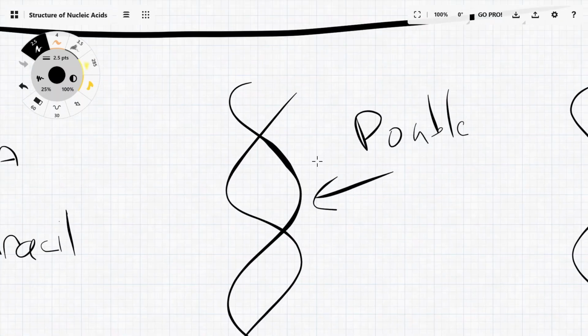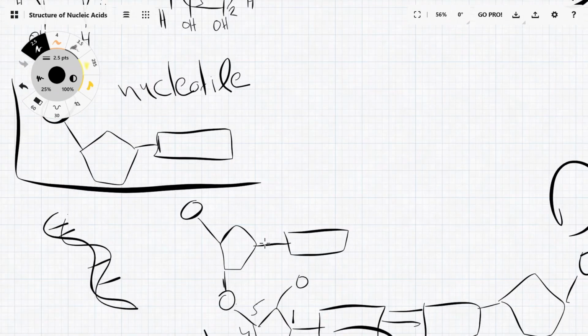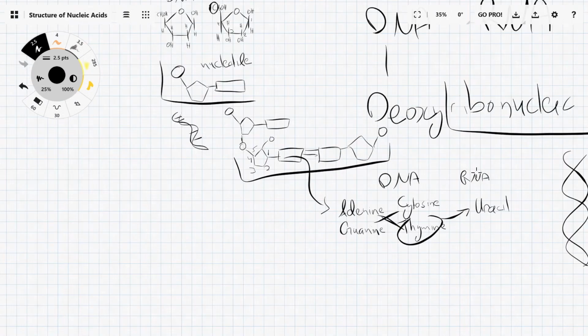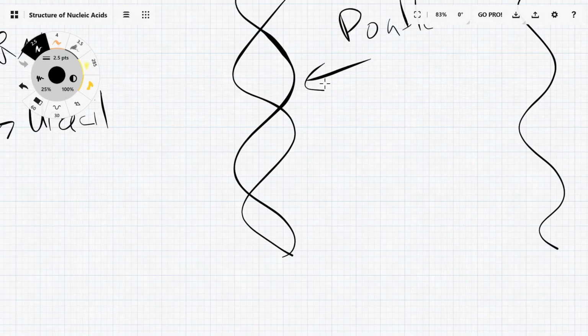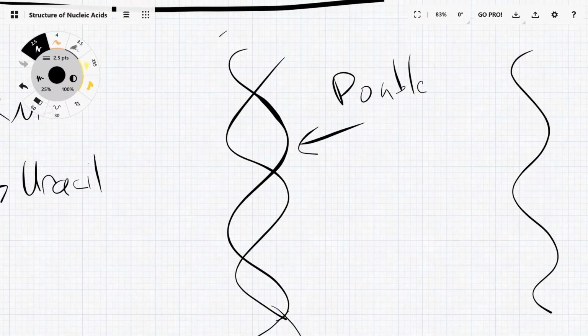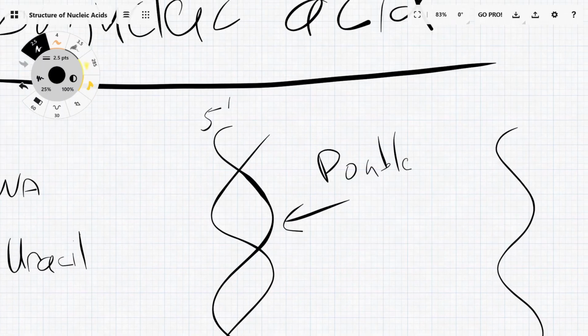So it means that this strand, so we have 5 carbons, we can use those to determine the overall direction that the DNA strand is going. So we have the 5' end, and this will be the 3' end, and because it's anti-parallel, meaning that it's parallel but goes in opposite directions, this will be this strand's 5' end, and this will be this strand's 3' end.